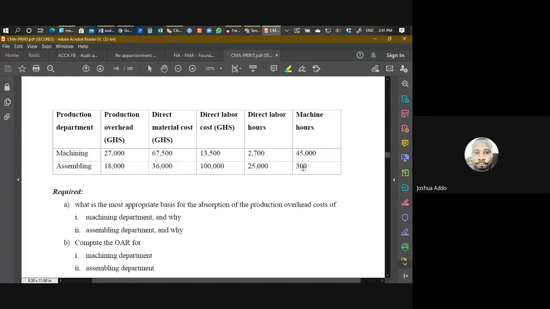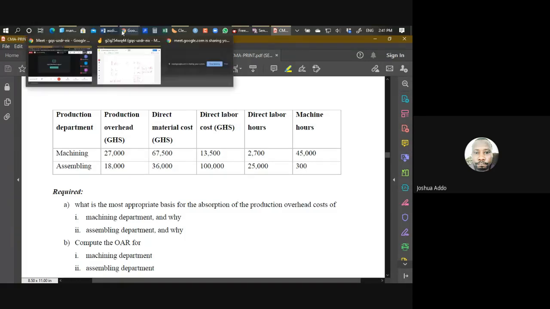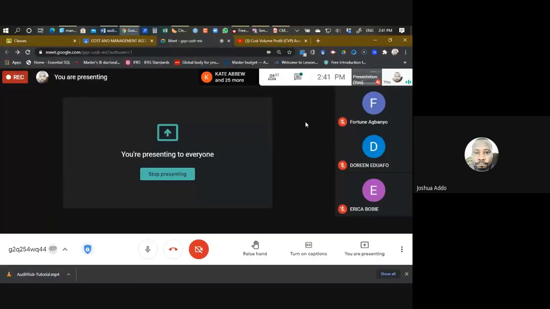Looking at these statistics about the two departments, what is the most appropriate basis for absorbing I, machining department overhead costs, and why? And II, assembling department overhead costs, and why? Everybody should raise their hand and comment.